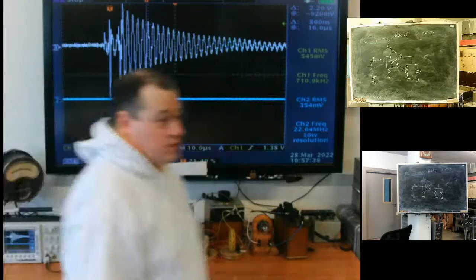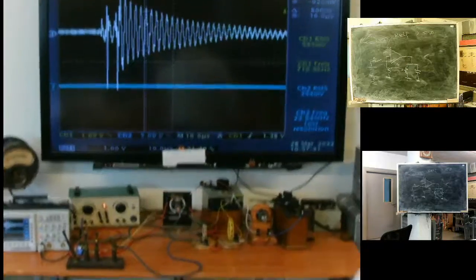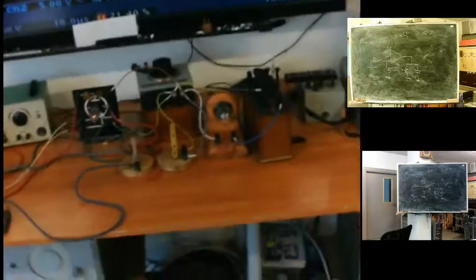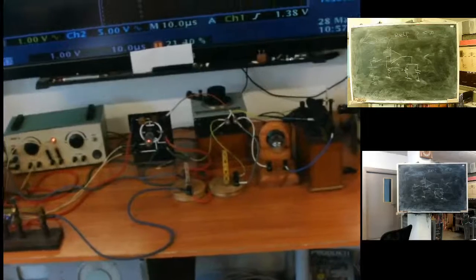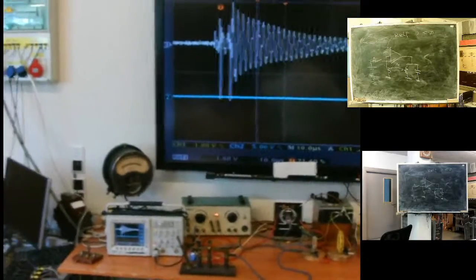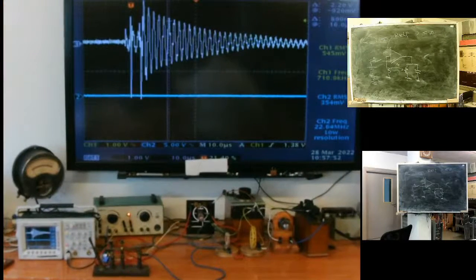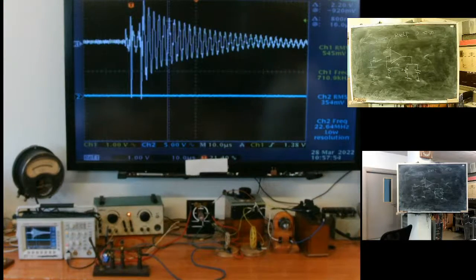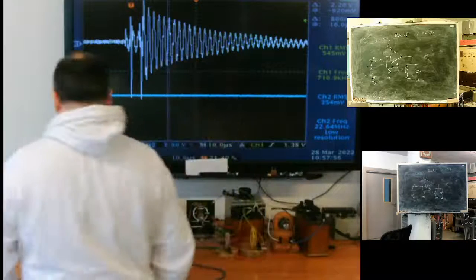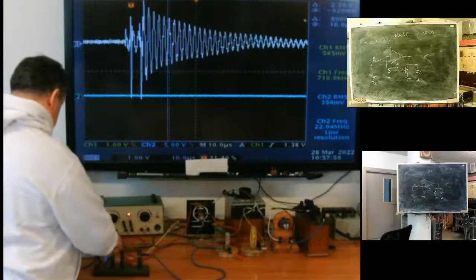Now coils are closer. Look at it there. Coils are closer, coupling is stronger. I have introduced negative return.